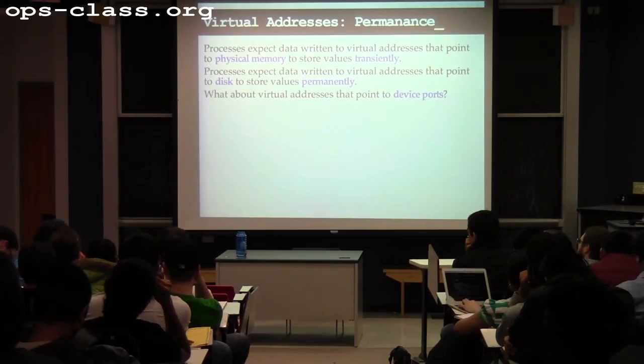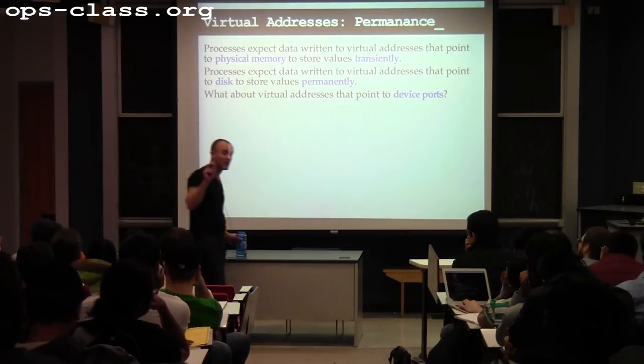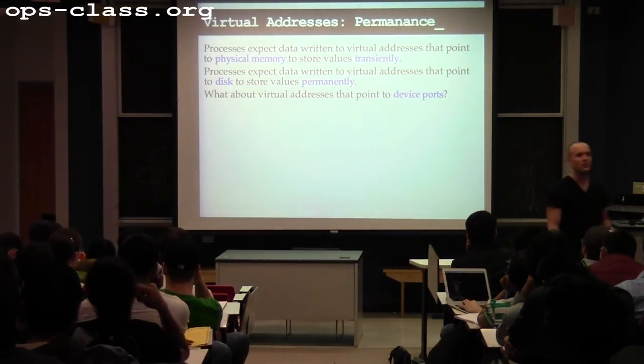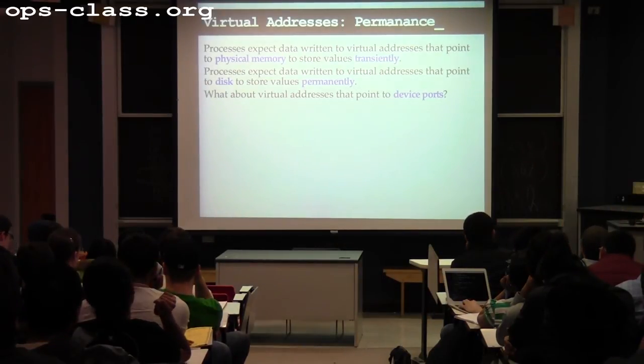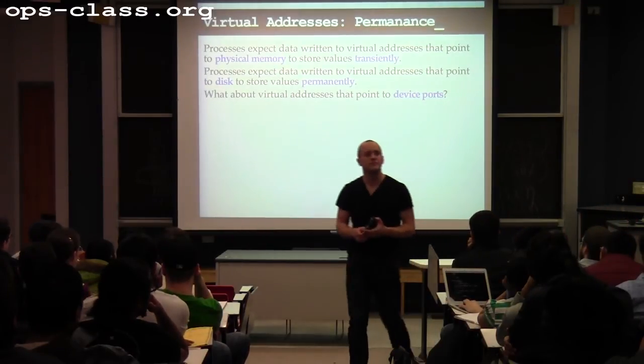But what about when I'm doing loads from a disk controller? Let's say I have a disk controller that has a port on it that tells me, I don't know, how many bytes of data it's read total. How might that byte of memory, something that the system is going to make look like memory, not behave the way that we would normally expect memory to behave? What do I normally expect? In order for memory to take a certain value, what do I have to do?